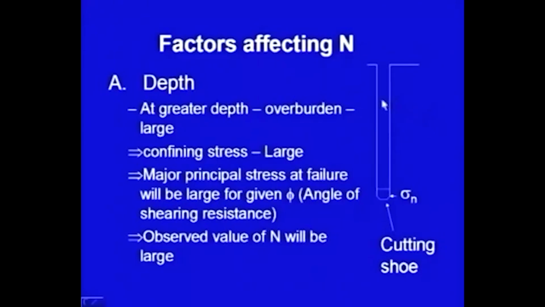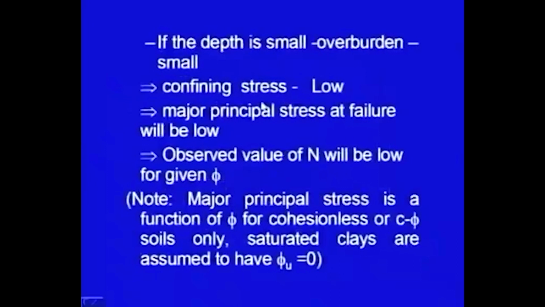So, we will be getting lower strength here, somewhat higher value here, and maximum value here. Correspondingly, the N value will be minimum here, somewhat larger here, and maximum at more depth. So, for small overburden, the observed value of N will obviously be low, despite the fact that phi is the same for the soil.